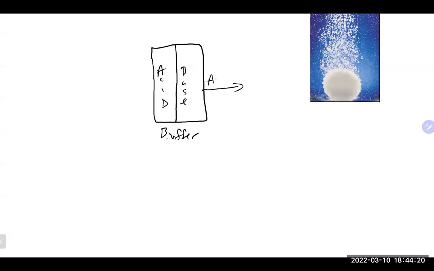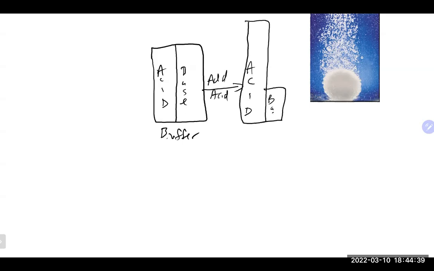So when we add acid to this buffer, what we see is the acid will react with the base part of the buffer, but we also see that it actually will make, over exaggerated here, some of the acid part. It will use up some of the base part, but it will make some of the acid part.